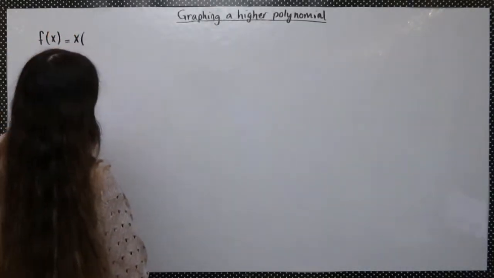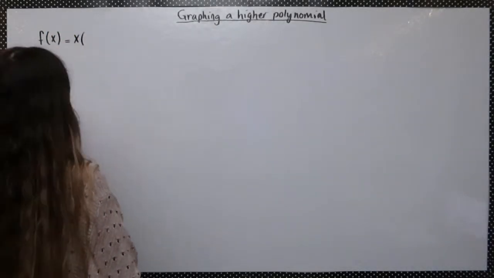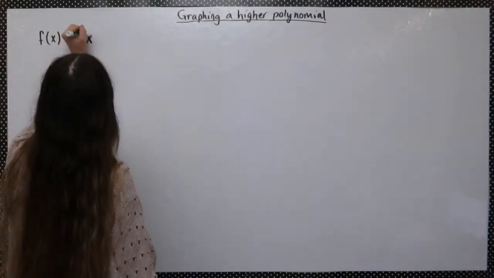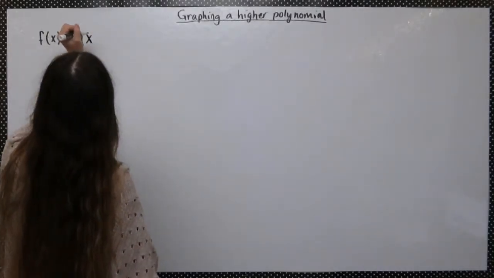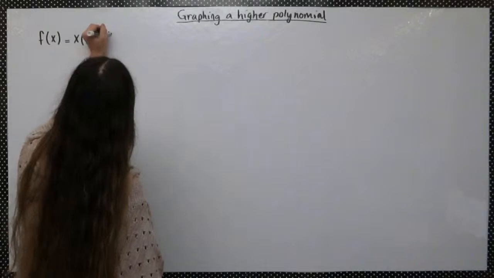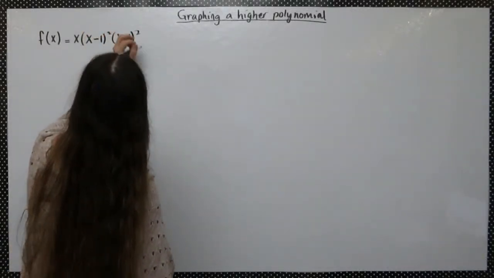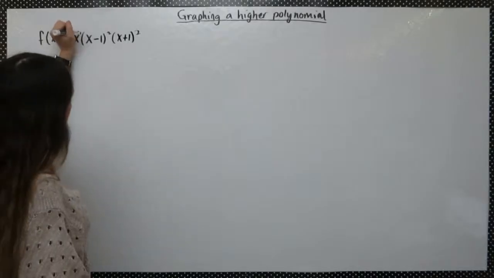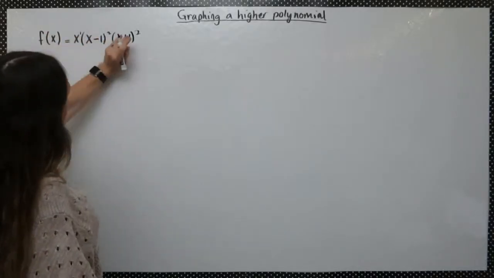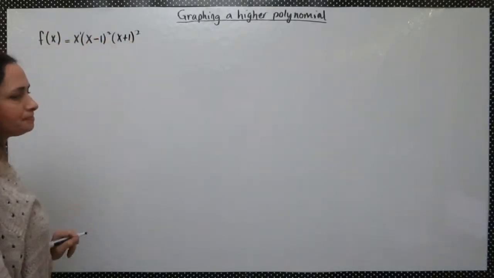I really wanted to do this yesterday, but I talked myself out of it. Let's see, it was x minus 1 quantity squared, x plus 1 quantity squared. Then you add up all the degrees, and you get a fifth degree polynomial.